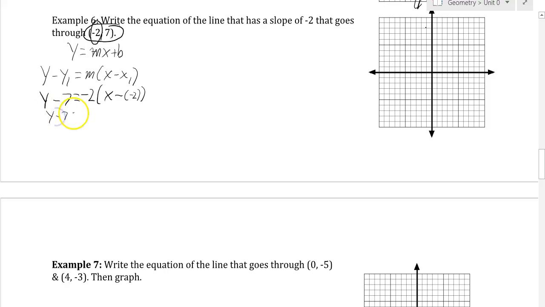So y minus 7 equals -2 times x plus 2, distributing -2x minus 4. Distribute.